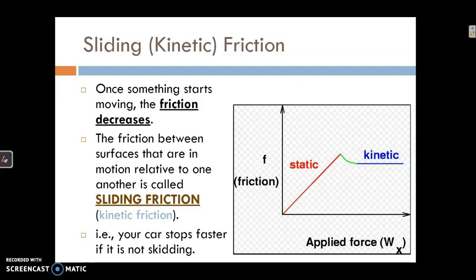So again, static and sliding friction. Static friction is the friction that opposes the start of motion, and sliding or kinetic friction is the friction that continues with the motion of the vehicle or the object.